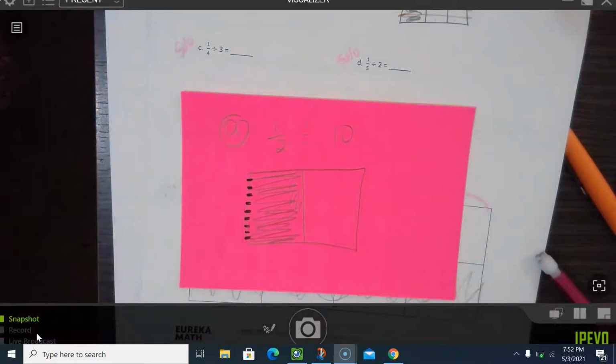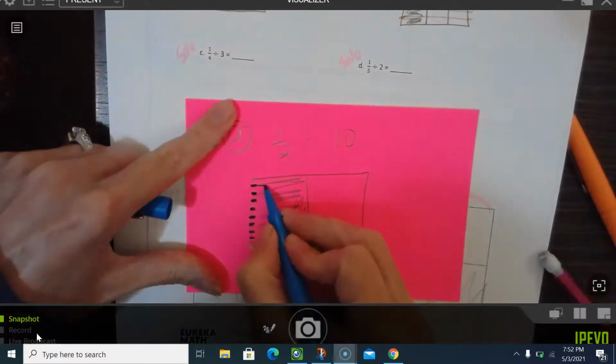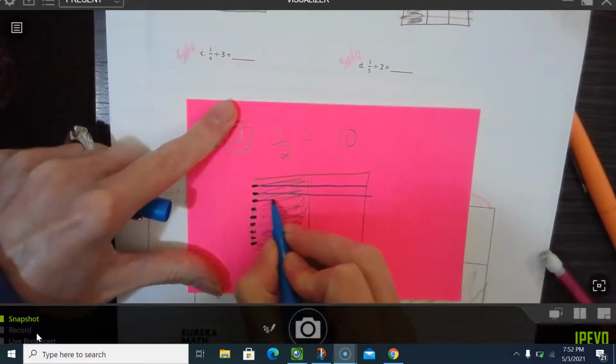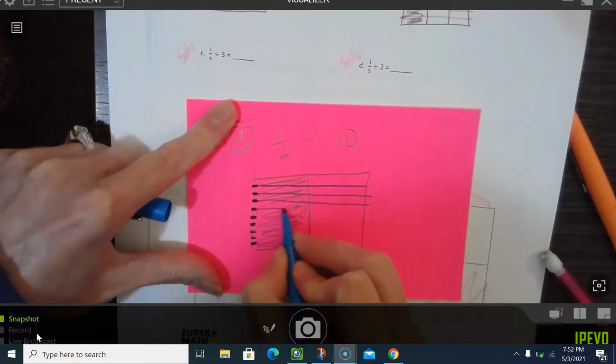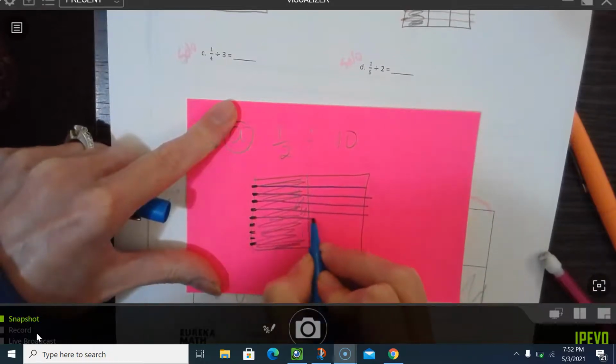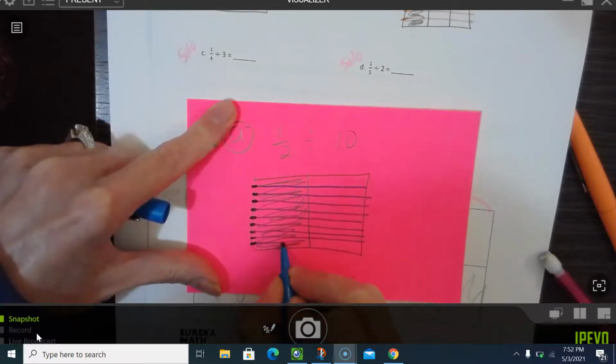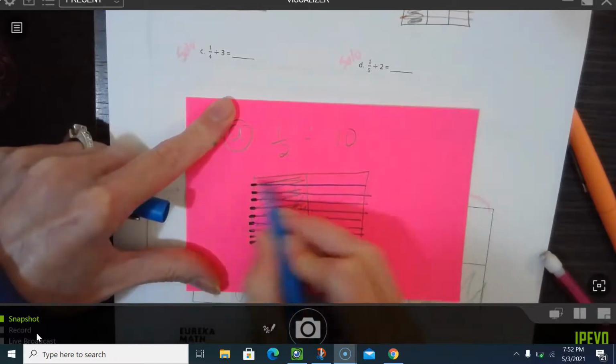And then we are going to draw straight across to make our array. And these are going to be little teeny tiny parts. And if you need to do this on a bigger piece of paper, that is okay. So I should have tenths.